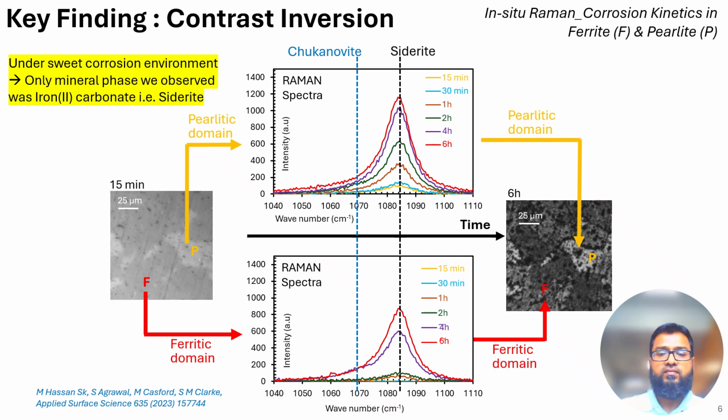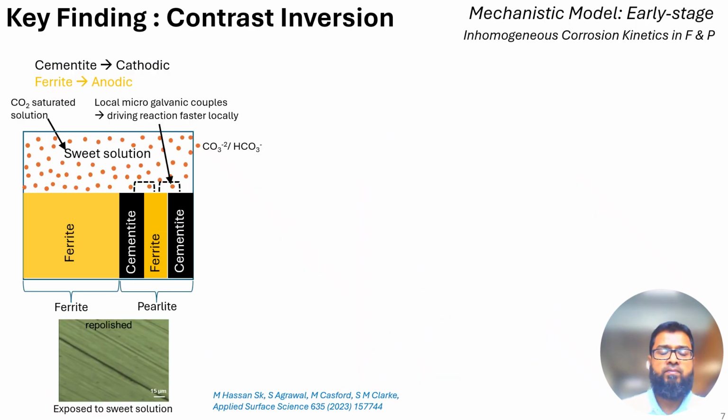And using these two facts, we modeled a mechanism for the sweet corrosion process of steel in the early stage. This is the schematic of the steel in a sweet solution environment.